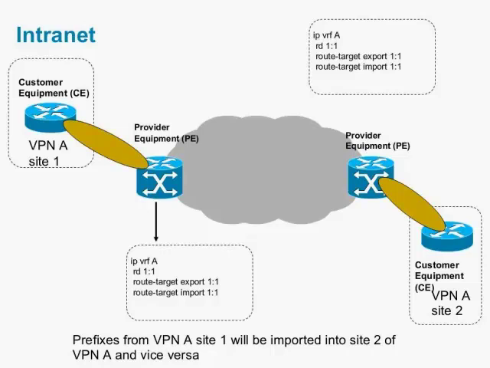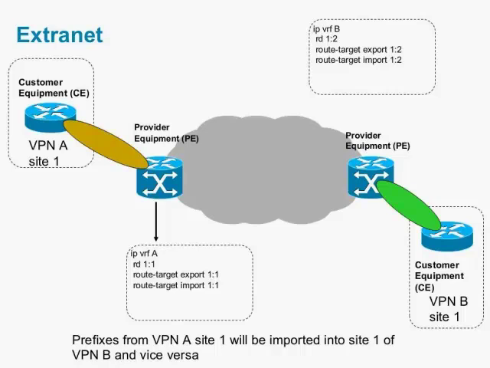This BGP update will be propagated to the remote PE device, which on receiving it will pull the RT value of 1:1 and scan through its VRF configuration, and it can match VRF A as per the configuration route-target import 1:1. Now the remote PE will remove the RD value and install the 32-bit VPN prefix into VRF A's routing table.